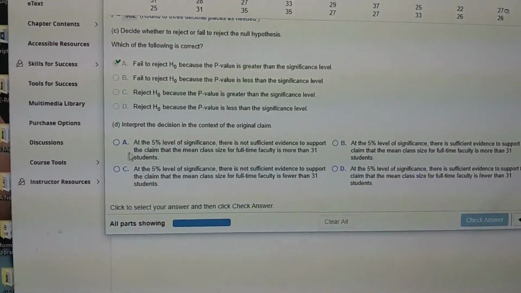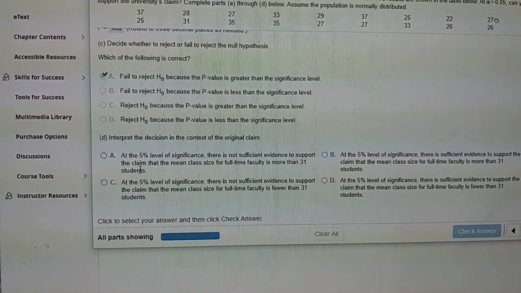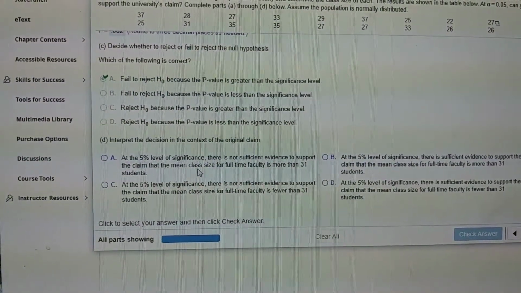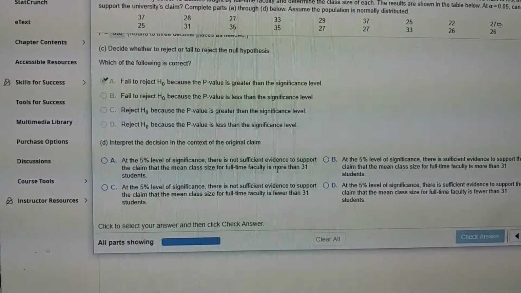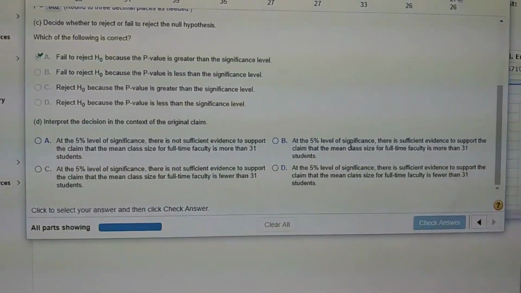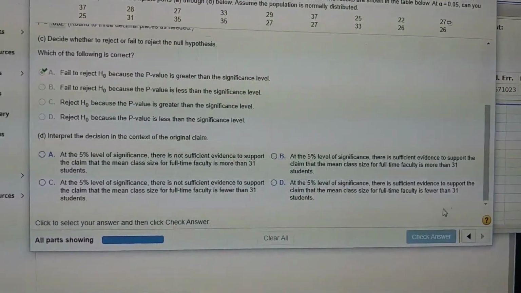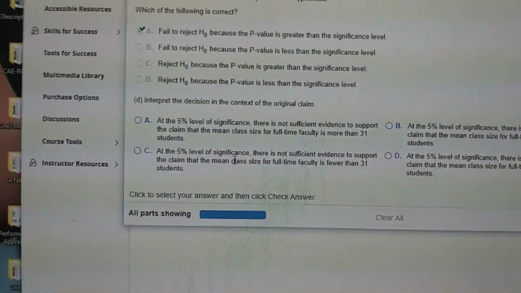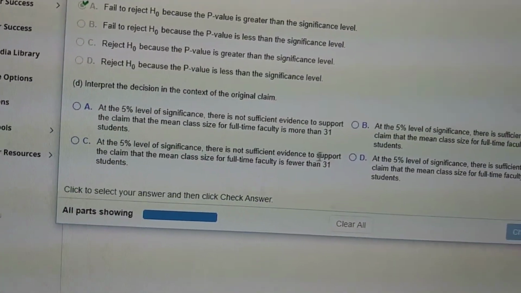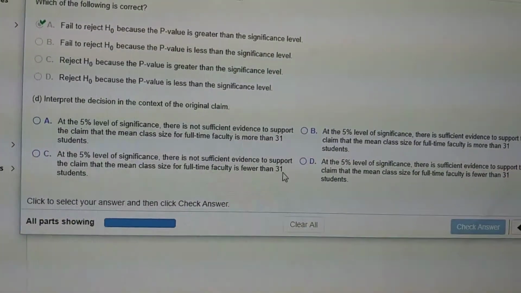At 5% level of significance, there is no sufficient evidence to support the claim that the mean class size for full-time faculty is more than 31. Now we're looking for less than 31. At 5% level of significance, there is not sufficient evidence to support the claim that the mean class size for full-time faculty is fewer than 31.